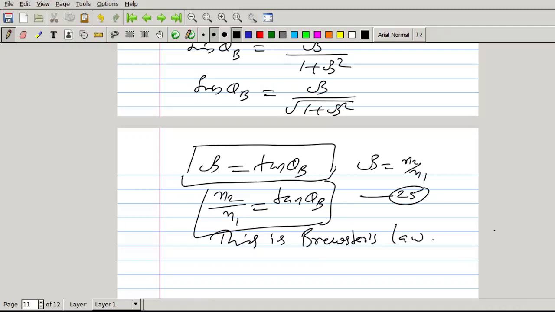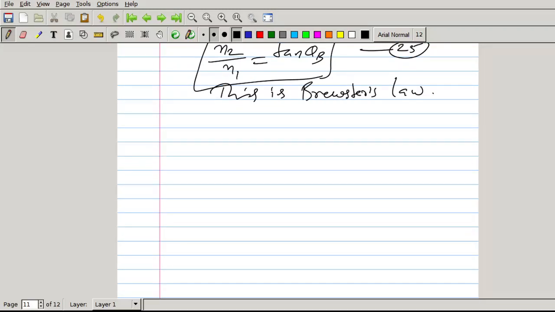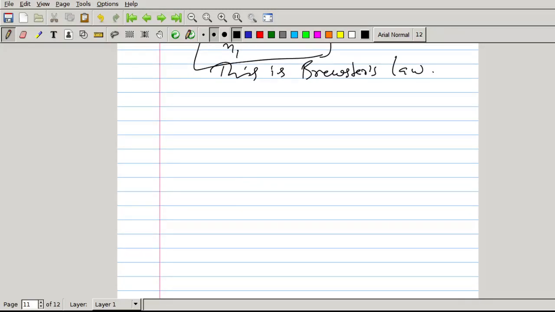So at Brewster's angle, the complete wave is transmitted. No wave will be reflected through the medium. Then if I draw the variation of amplitude of wave, in the y direction I am taking the amplitude of wave.